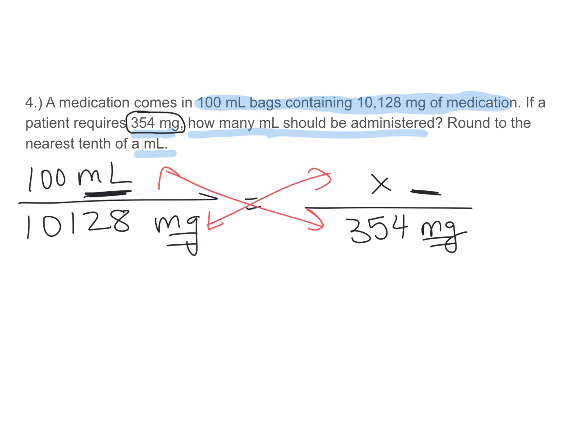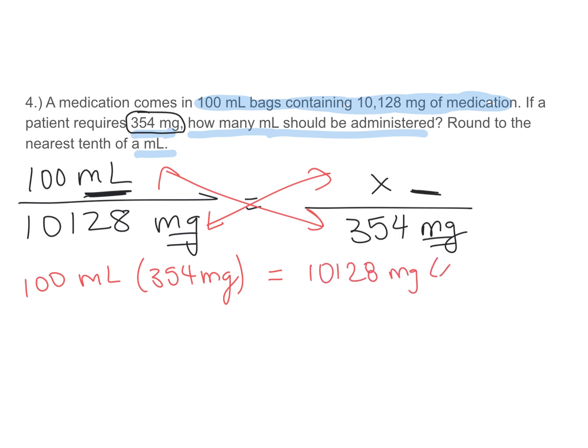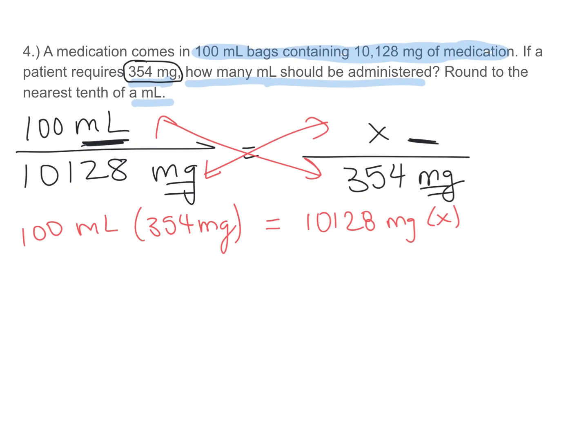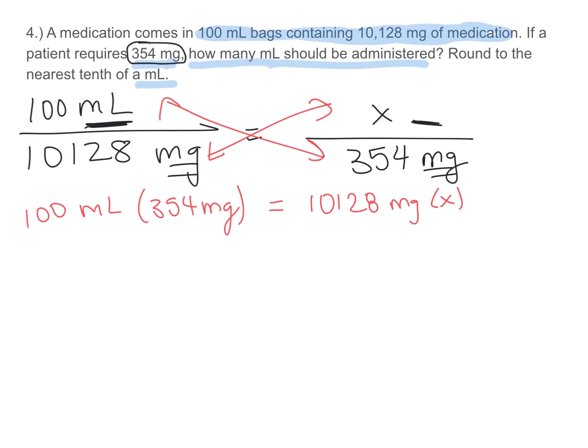So I'm going to have 100 milliliters times 354 milligrams is equal to 10,128 milligrams times X. Okay, from here, I'm going to go ahead and multiply 100 times 354, which is 35,400. So I multiply my numbers, mL times mg. They're being multiplied together, but it kind of just drops down as we solve.